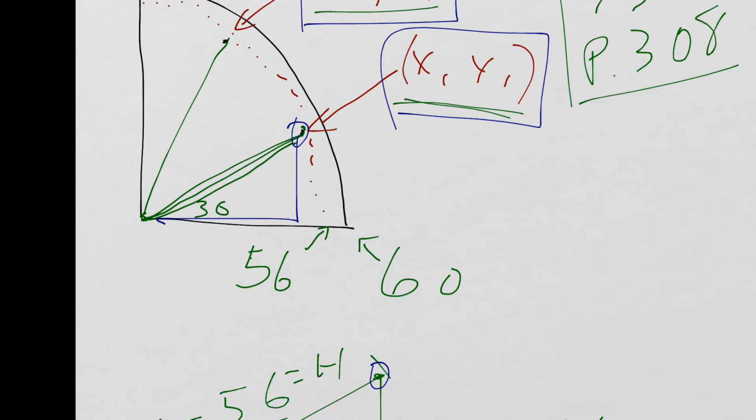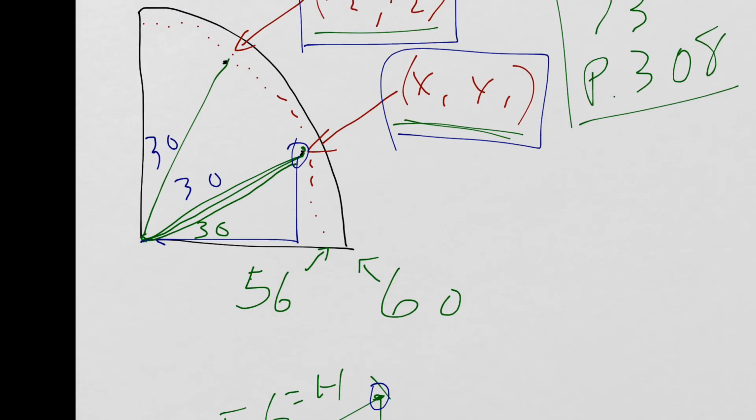Well, this is 30 degrees, this is 30 degrees, and this is 30 degrees. What do you notice about this triangle and this triangle? They're both 30, 60, 90. And if they're both 30, 60, 90, then that means their lengths are going to be the same.